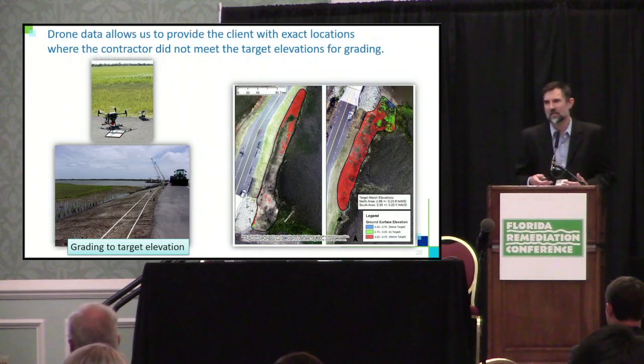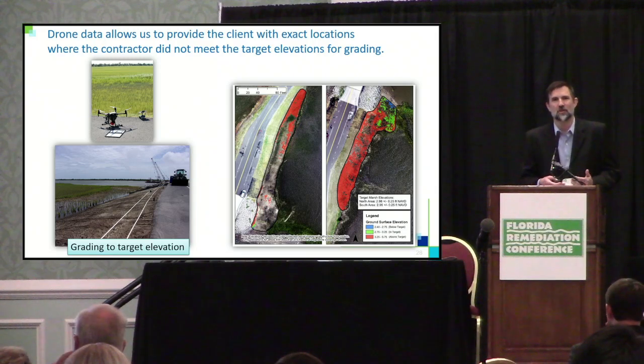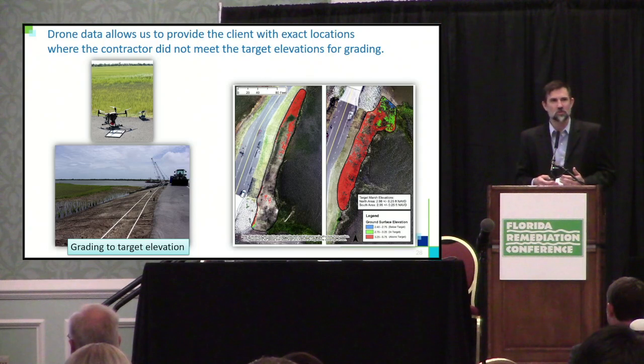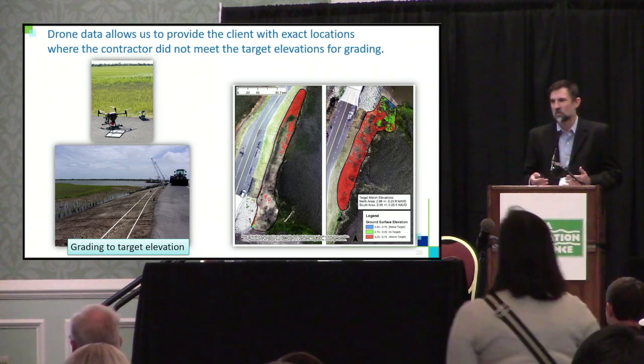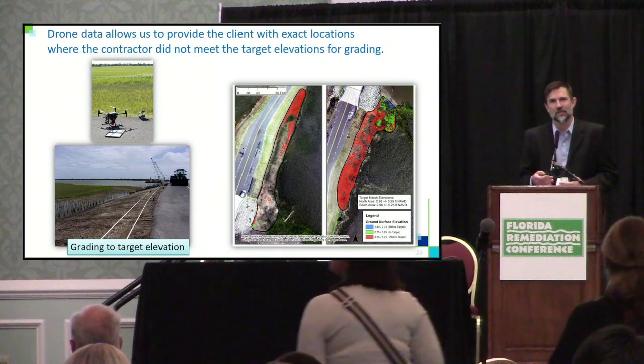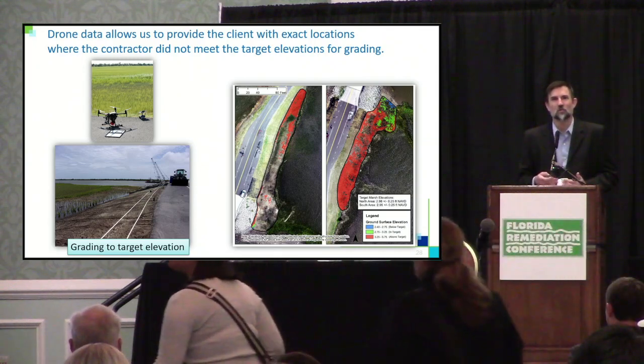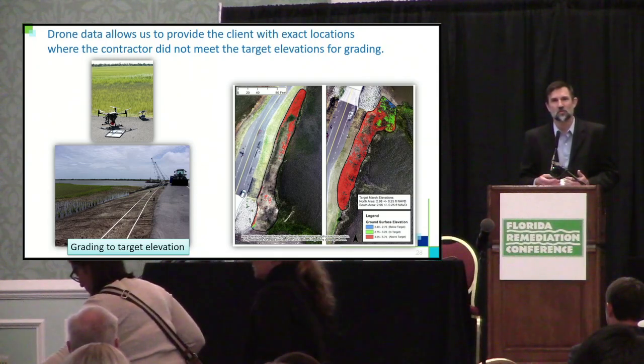And then what this allows us to do on this particular project, the contractor had to restore the site and grade to a certain elevation to promote the growth of a tidal marsh system afterwards. And so it was really crucial to get the elevations just right. And so what we're able to do is fly the drone and then determine exactly where the contractor needed to do a little bit more grading.